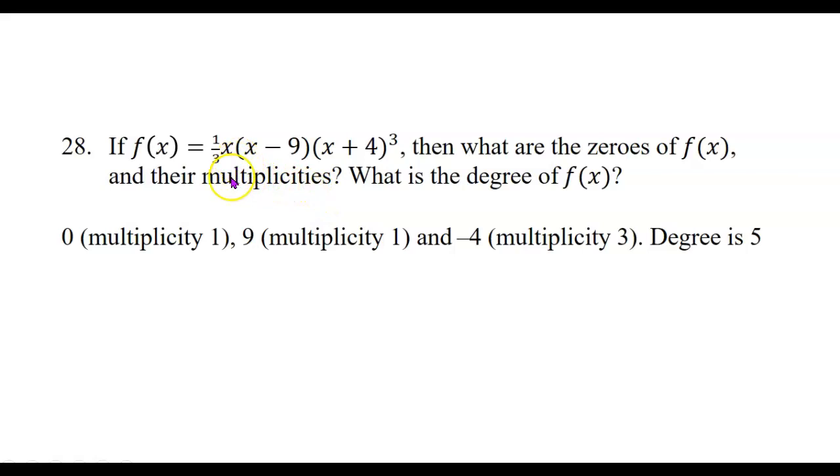So altogether, counting multiplicities, there's 1, 2, 3, 4, 5 zeros, and 1, 2, 3, 4, 5 of these linear factors involving x. So the degree of this polynomial must be 5. If you multiply this all out, it would have an x to the 5 power term.